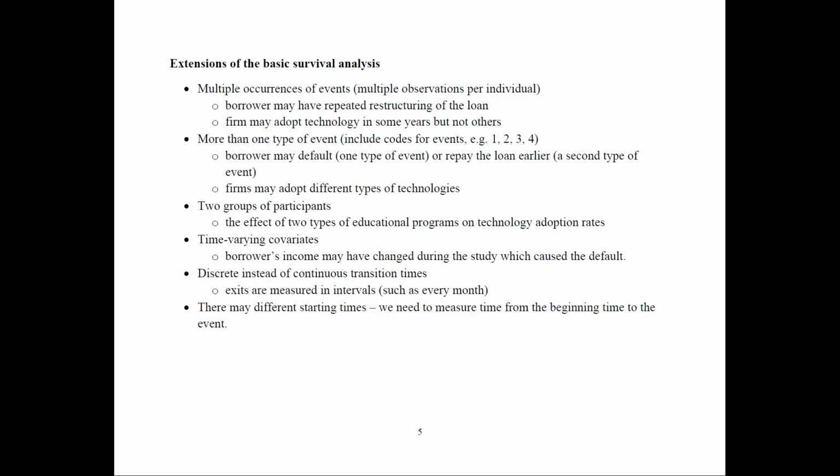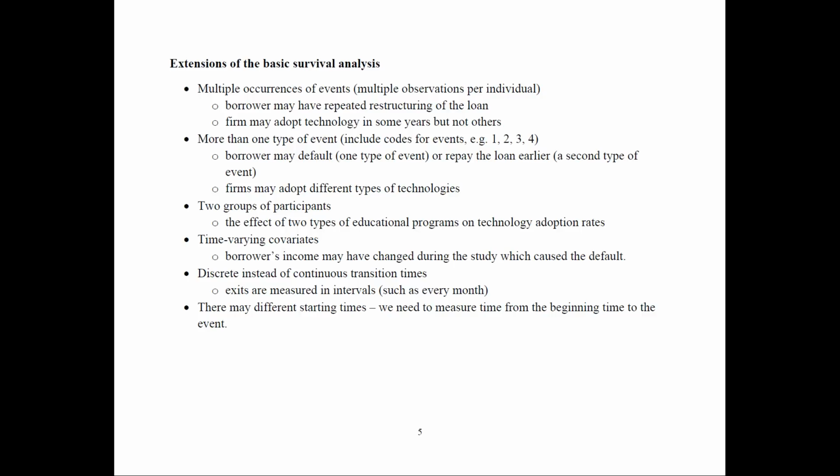Now on this slide I have a few extensions of the basic survival analysis, because it could be a lot more complicated than the simple case I provided so far. The first thing is multiple occurrences of events, or multiple observations per individual. Sometimes the event is not a clear-cut, once and for all kind of thing, and an individual may experience multiple events.